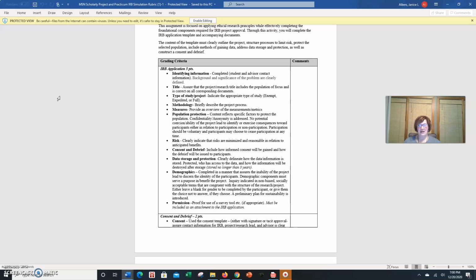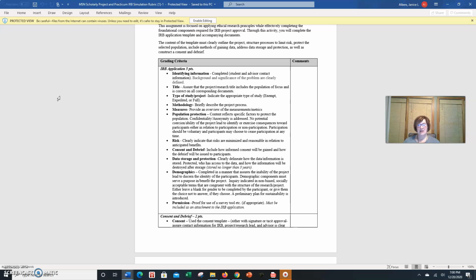With that, when we have data, we need to indicate how we're going to protect that data and how we're going to store that data. So again, you want to have those details. You want to go into, if you were doing a study, would you be asking demographics?